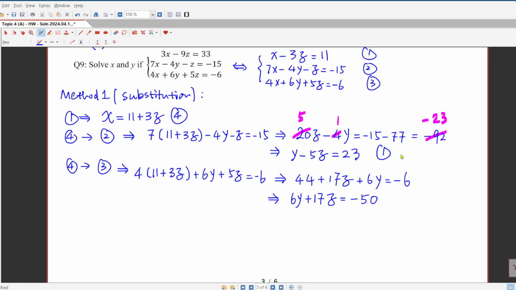So let's call this number 5 and number 6. Then we have a system of two linear equations and two unknown variables y and z. You can just solve y and z there, right? That means we have converted this original question to a new question of a system of just two linear equations with two unknown variables, which we already have the methods to solve, right? Again, you could use either substitution or elimination method, right?